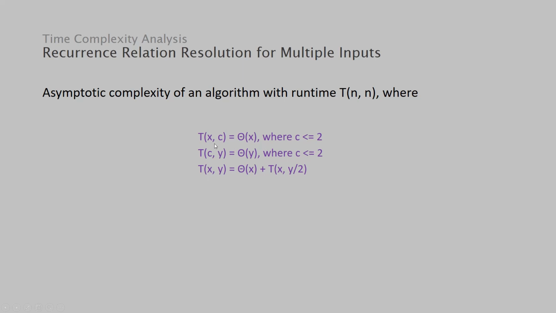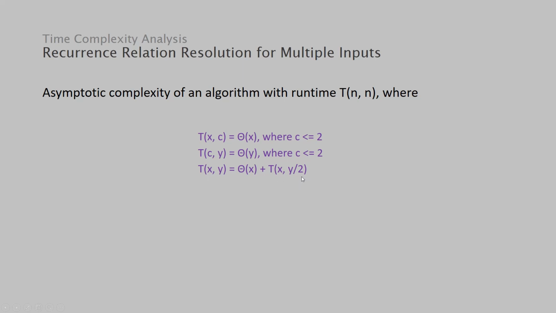When the scenario is opposite, when the first input is small, c less than or equal to 2, then the time complexity will be theta of y. And for relatively large inputs, the time complexity will be theta of x plus T of x, y by 2, because every time we recurse, the second input gets divided by 2.